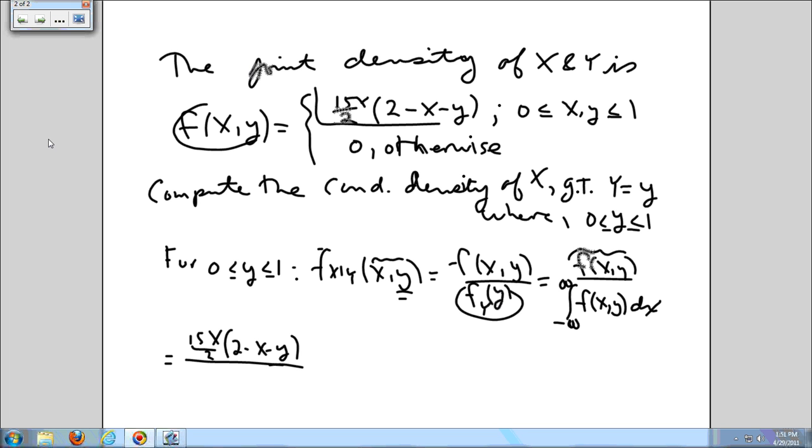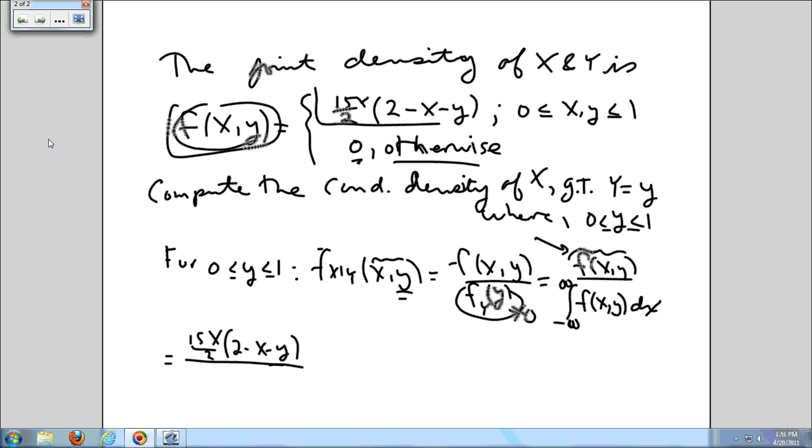This is if x is between 0 and 1. Otherwise, this numerator will be 0. It tells me right here, f of x, y is 0. If the numerator is 0, forget about it. The fraction will be 0. We're assuming that this bottom is not 0.